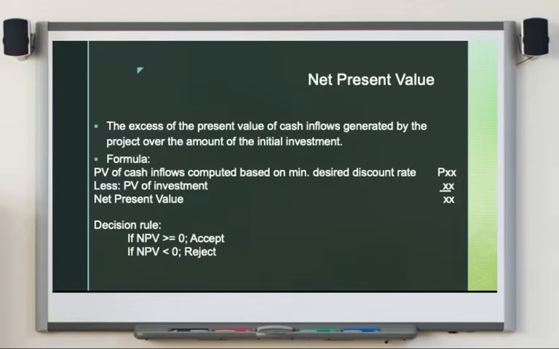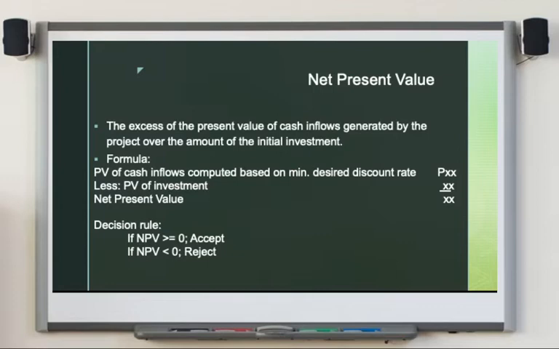The formula is to compute for the present value of cash inflows using the minimum desired discount rate as our rate to look for the present value factor, and then we deduct it by the present value of the initial investment at year zero.